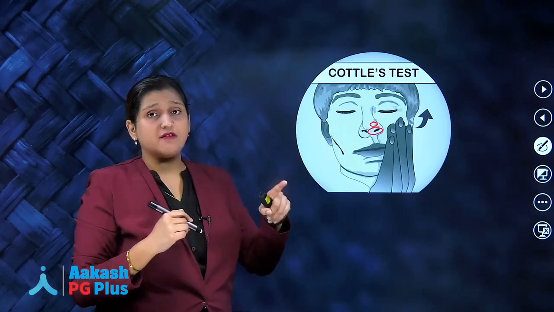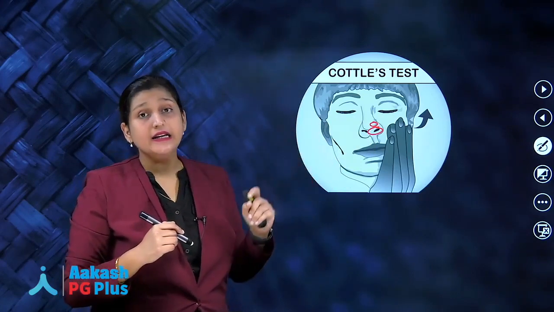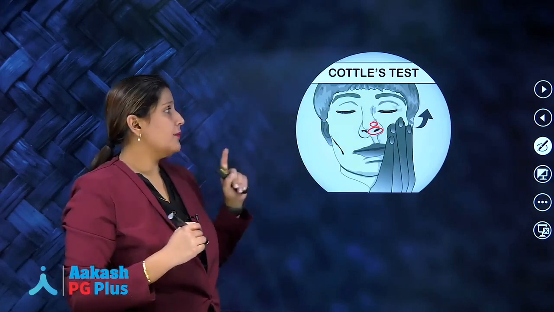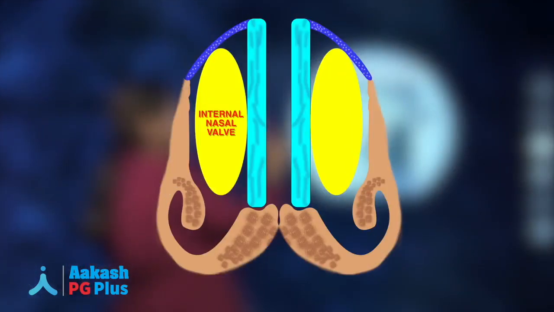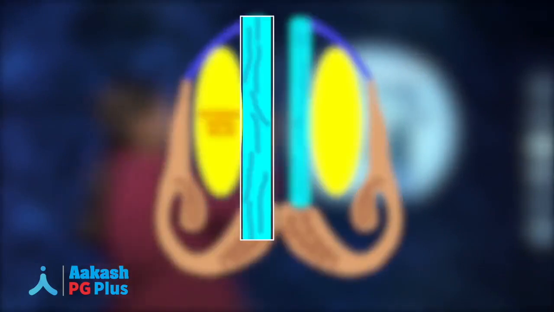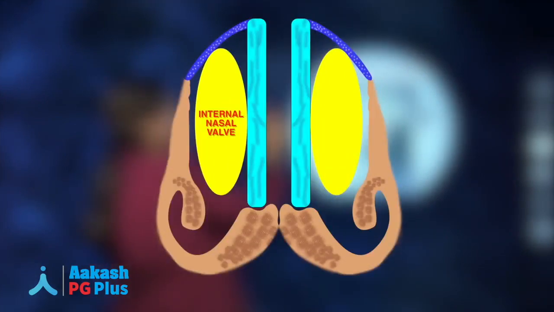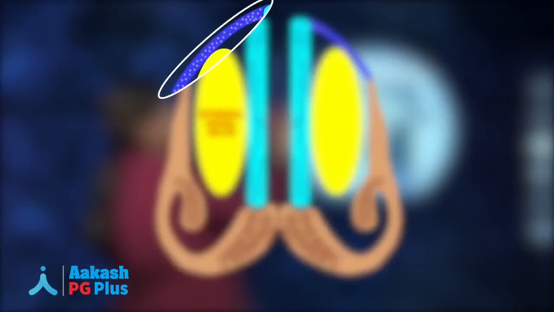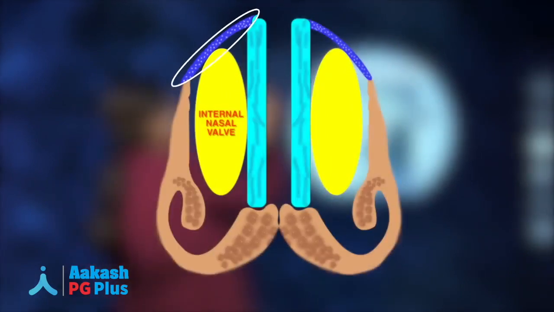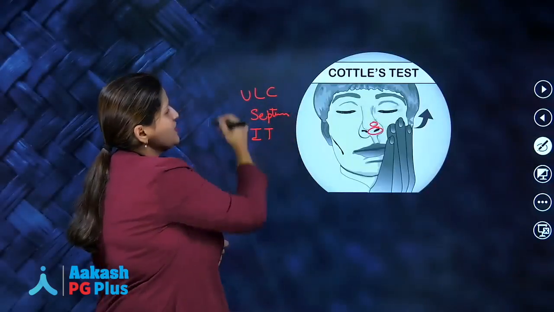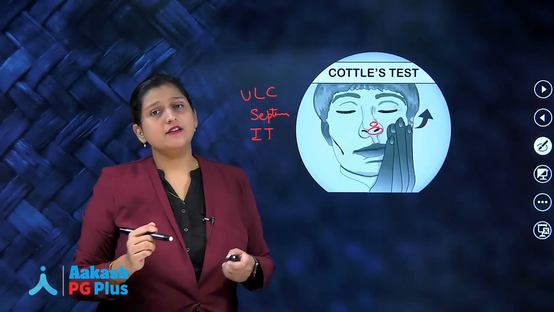The internal nasal valve, which is actually tested in Cottle's test, is formed by the anterior end of the inferior turbinate. It is formed by the septum medially, and superiorly it is formed by the lower part of the upper lateral cartilage. So, these are the boundaries of the internal nasal valve.